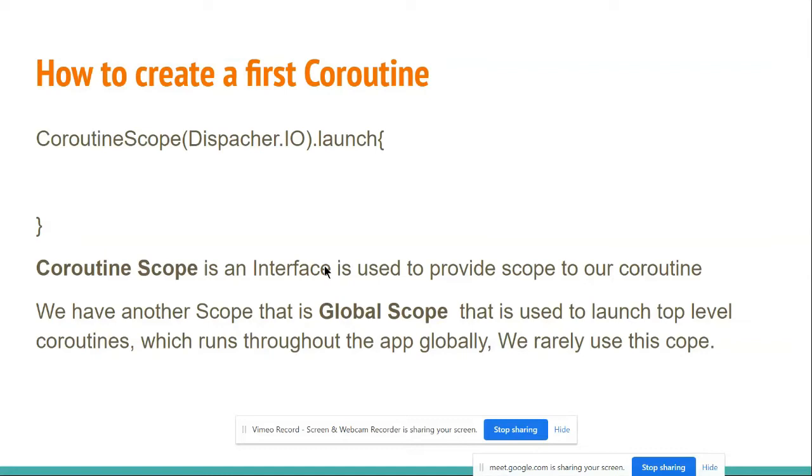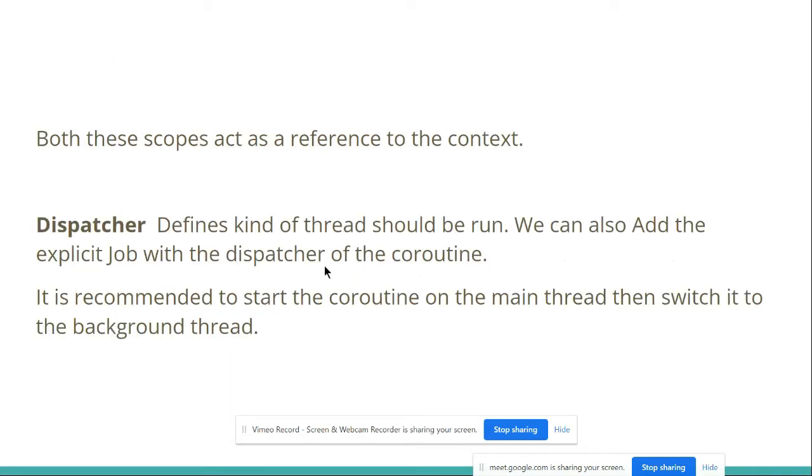Suppose we have to finish our coroutine whenever we finish our activity or our screen. If it is required to finish that coroutine, we can do it with job.cancel. So the job will be defined with the dispatcher. It is recommended to start the coroutine on the main thread, then switch to the background thread.